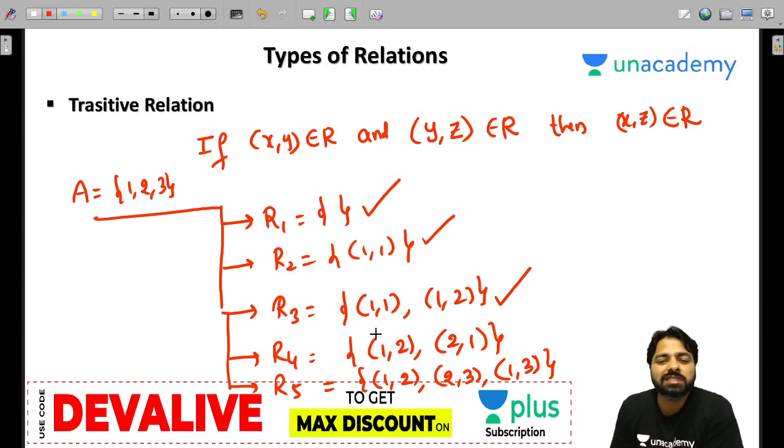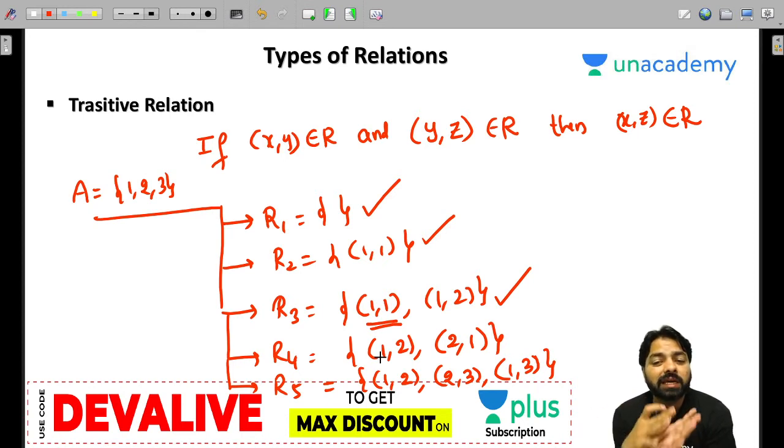Because this diagonal is not going to create an additional pair; the pair that you have in the relation you will get again. And R4, yes, these two are non-diagonals. Two non-diagonals can create a transitive problem. So (1,2), (2,1), here (1,1) is not present, even (2,2) is also required. So both are not available.